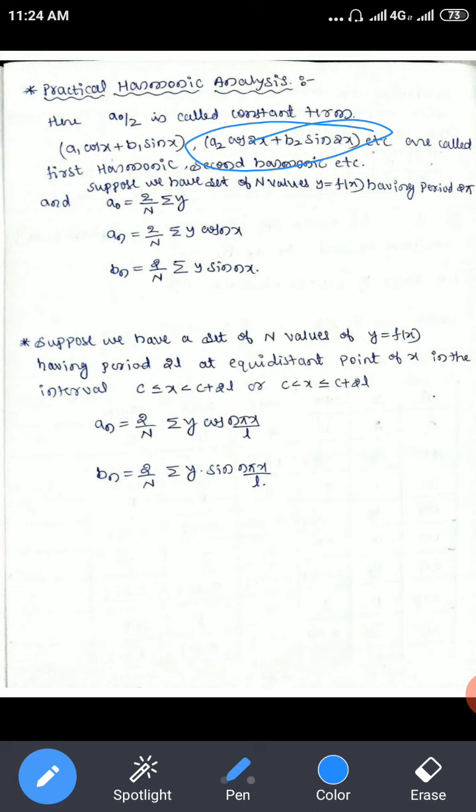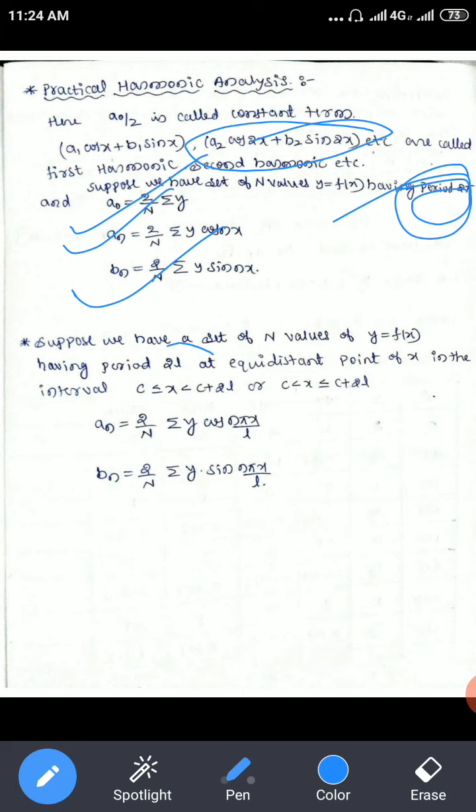Suppose the length of the interval is 2 pi, then a naught is 2 upon capital N into summation of y. An is 2 by capital N summation of y into cos nx. Bn is 2 by capital N summation of y into sin nx.